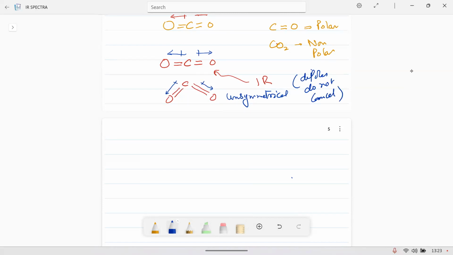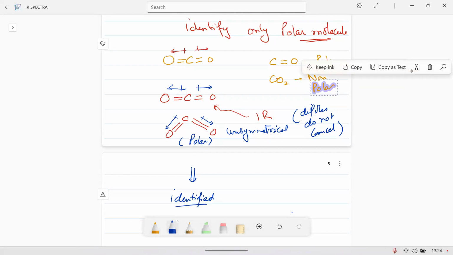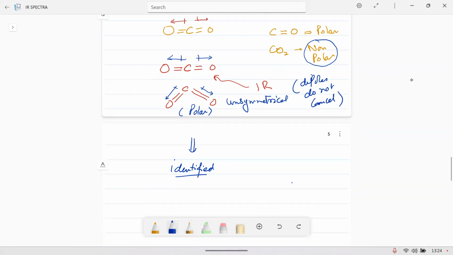Since the dipoles do not cancel, in this shape it is polar. So when the IR radiation is absorbed by carbon dioxide, it becomes polar. And as a result, now it can be identified. So even though CO2 is non-polar, it can be identified because when it absorbs the IR radiation, it becomes polar. That's the reason why you can identify it.